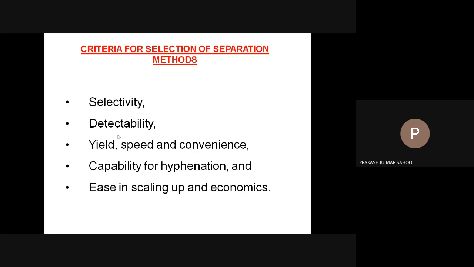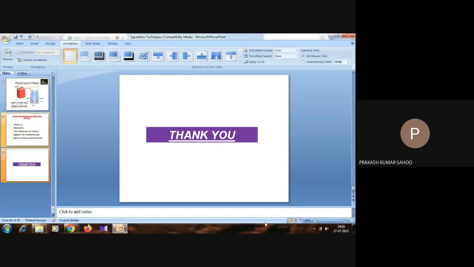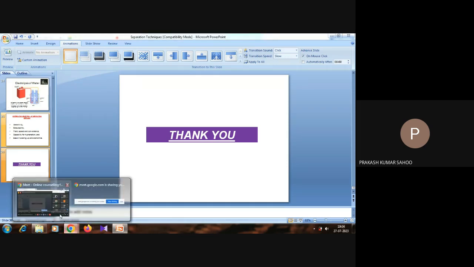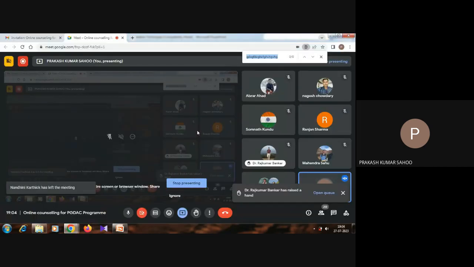So this is all about your unit 1, and I think I covered all the parts that are highlighted in your IGNOU PDF.